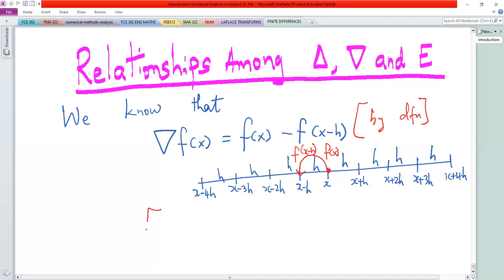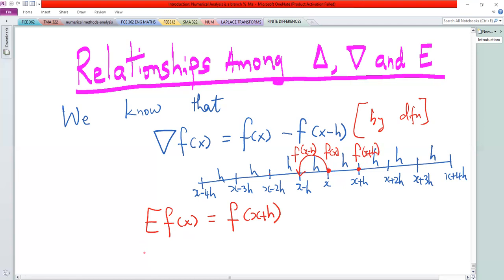And we also know that the shift of f of x is given by f of x plus h. What that tells you is that the shift operator takes you to the next step. So you are at this f of x, then it is the same as going to the next step at x plus h, whose value will be f of x plus h.